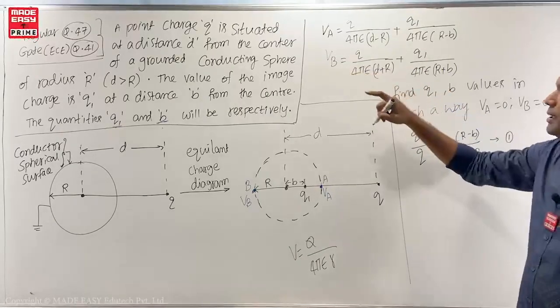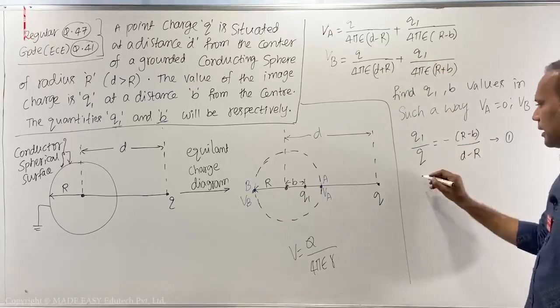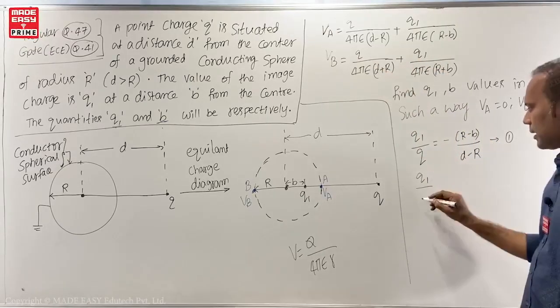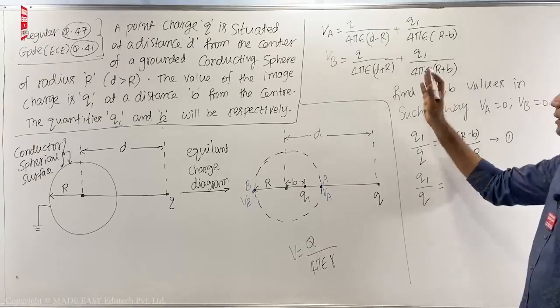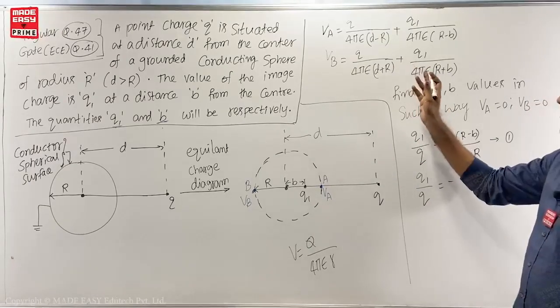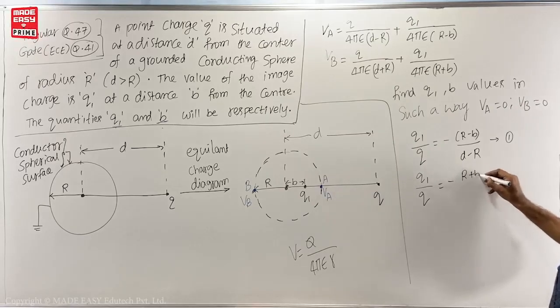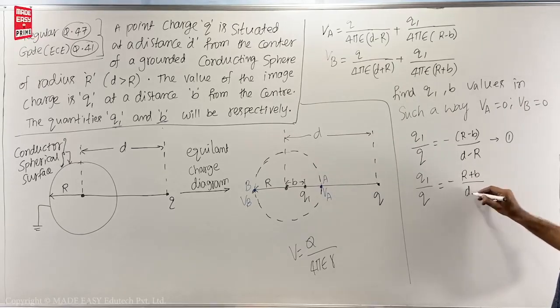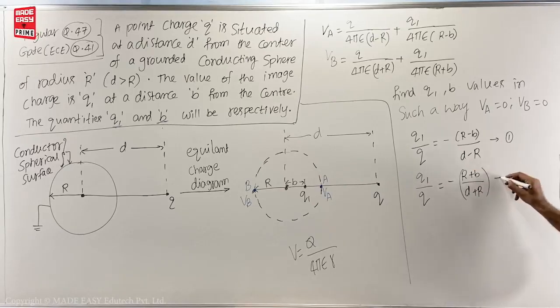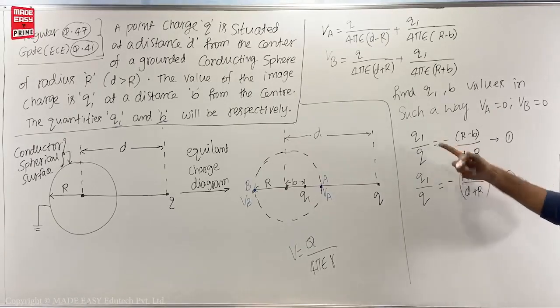Similarly, if you set VB to 0, you get Q1 divided by Q is equal to minus of R plus B divided by D plus R. So this is equation 2.